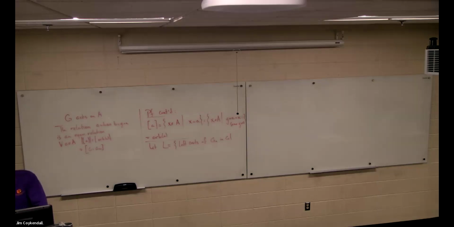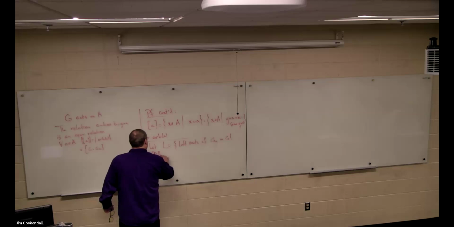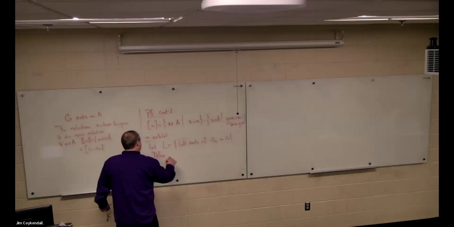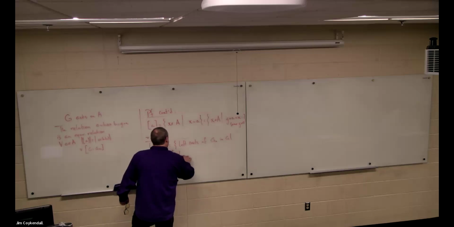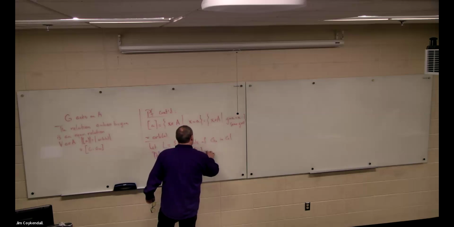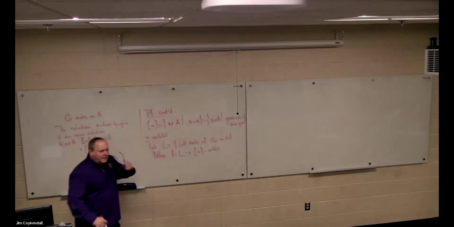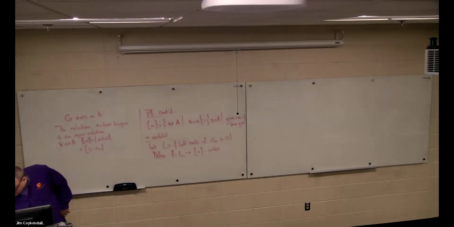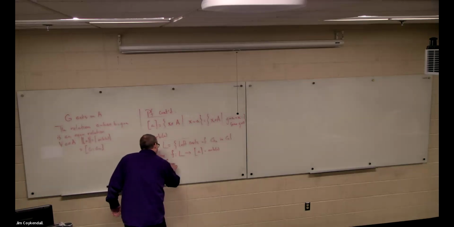And I'm going to define a function from L into the equivalence class of A, and well, anybody want to guess how I might want to do this? I'm going to do f.